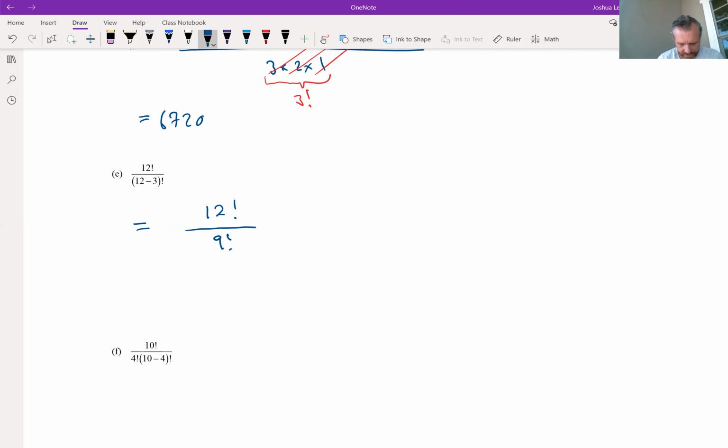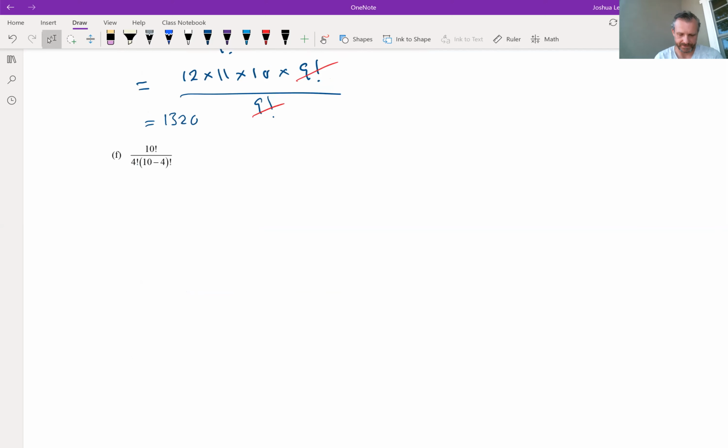And remember what we just discovered. 12 factorial is 12 times 11 times 10 times, well, from 9 downward, isn't that just 9 factorial? And so again, those cancel. And we have 12 times 11 times 10. 1320. Okay.